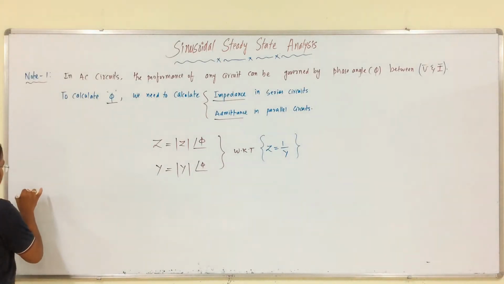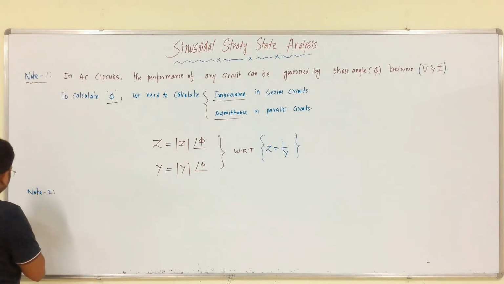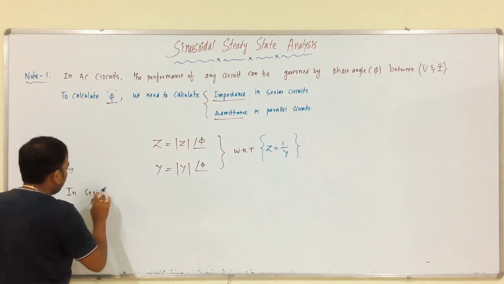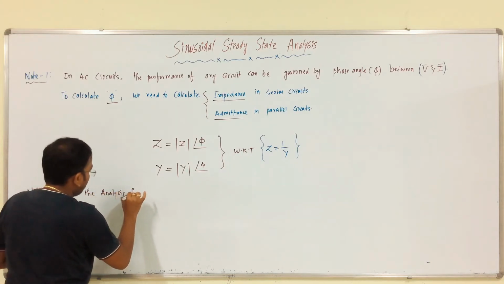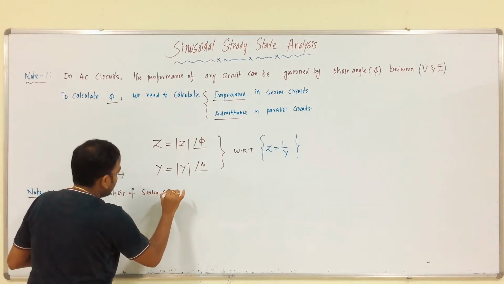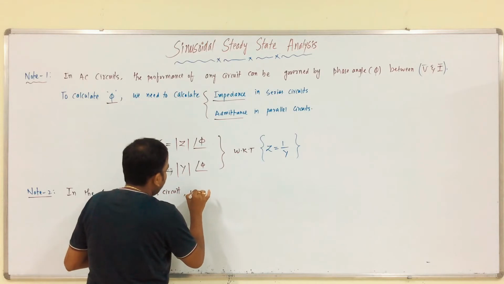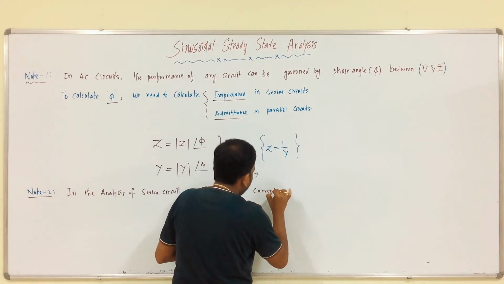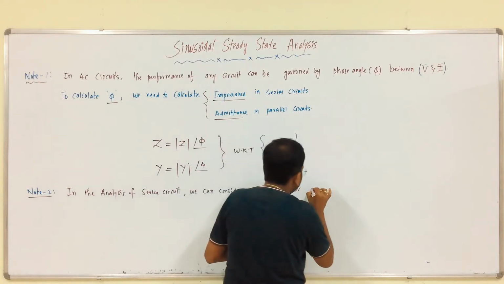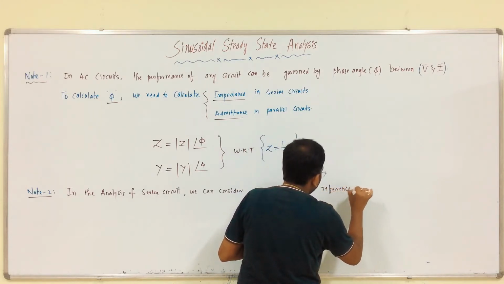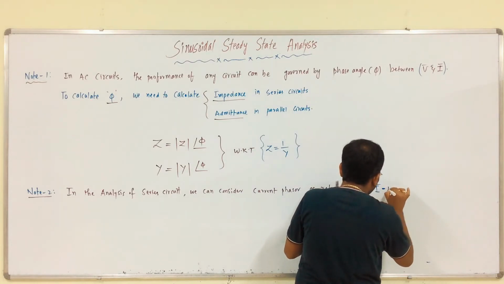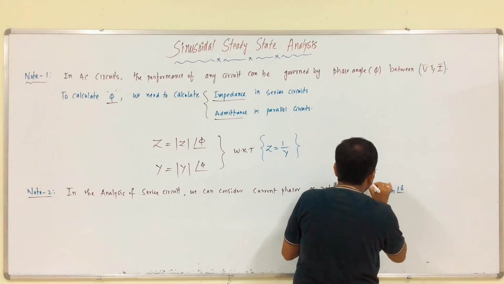Next, note point 2. In series circuits, or in the analysis of series circuit, we can consider current phasor as reference, that is Im or Irms at an angle 0, right.